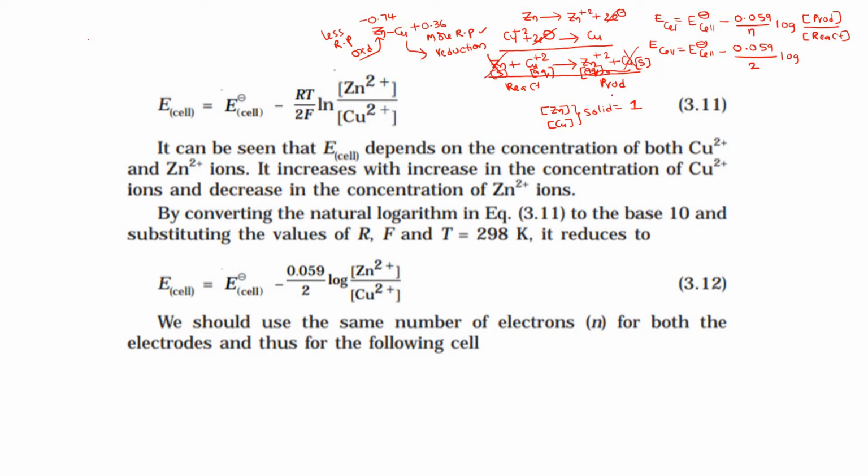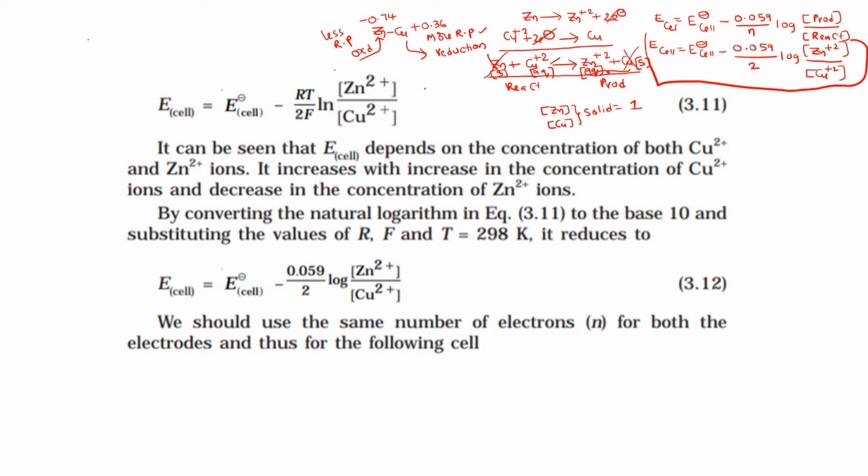Now on the product side, you have to take only zinc plus 2 concentration divided by the reactant side, what? Copper plus 2 concentration. Now this will be the Nernst equation.